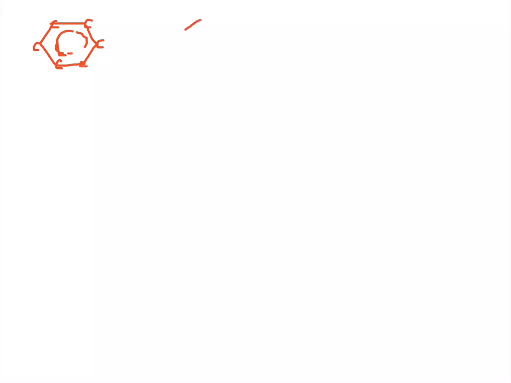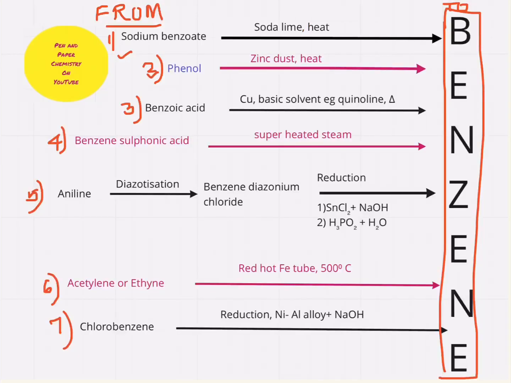We can also represent it with a circle inside it, and sometimes you will also find it written like this for ease of understanding, right? The preparation of benzene. Now, this is an aromatic compound, so many preparations are different from aliphatic, whereas some are borrowed from the aliphatic compounds.